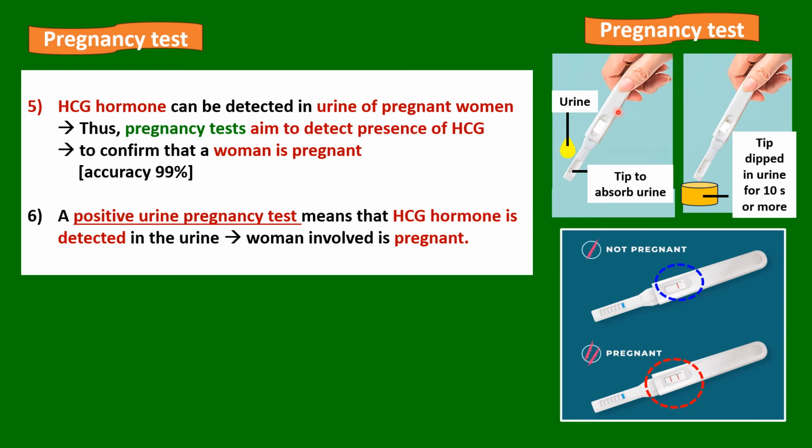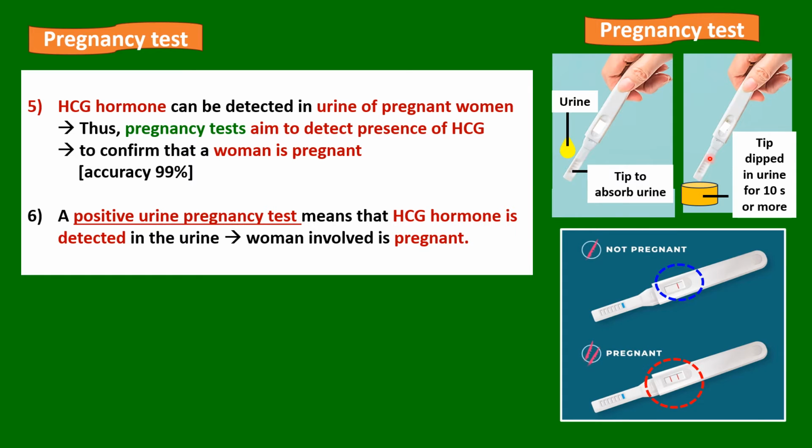The woman can urinate, and in the stream of urine this stick will be held there, exposed to the urine, so that the tip can absorb it. Or the woman can collect the urine in a container and then dip the stick into the urine for about 10 seconds or more.